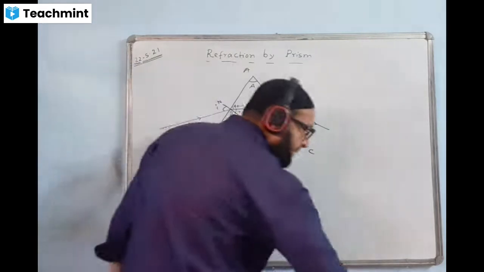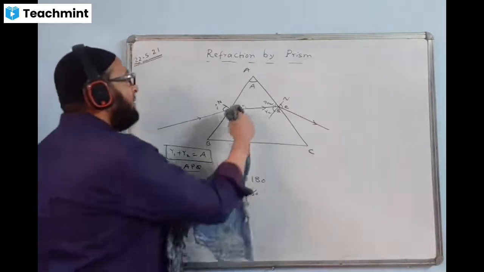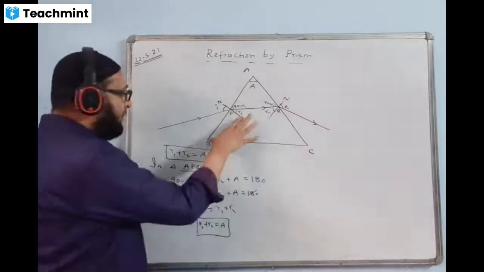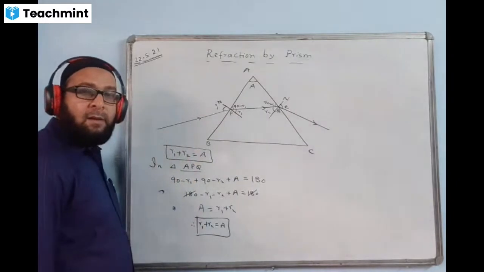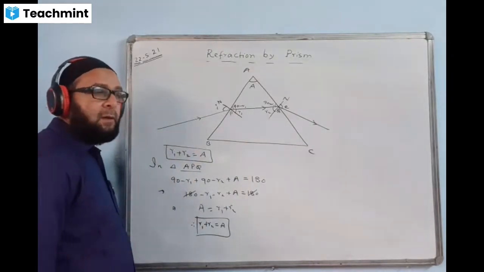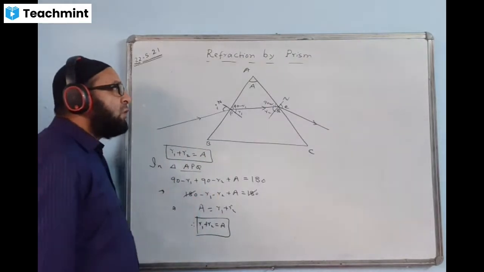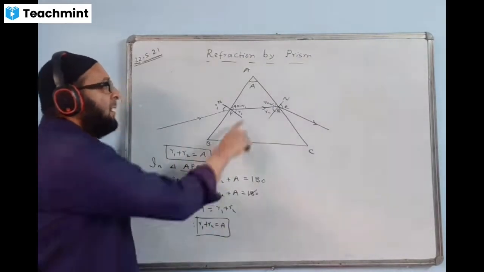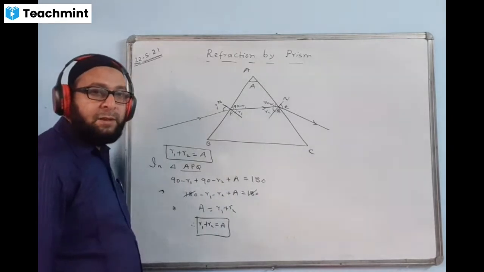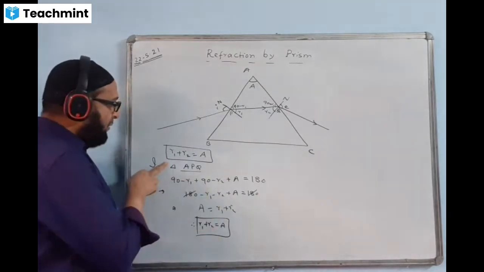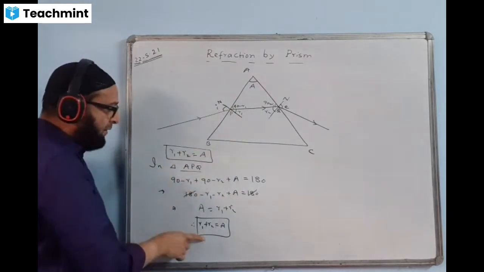Now, in a prism, we show one more angle. So this is the diagram we draw to prove that R1 plus R2 is equal to A. If your question comes in bits and parts, for 2 marks, if they ask to show that in a prism R1 plus R2 is equal to A, where symbols have their usual meanings, then you start from here, draw this diagram, and finish up till here.